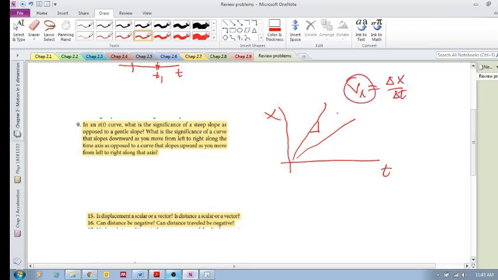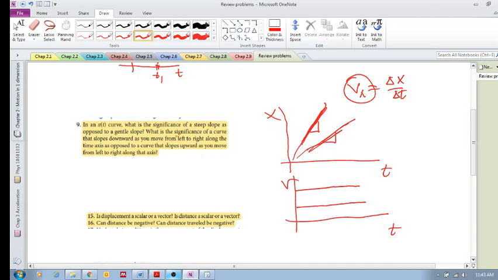So your velocity is related to the slope of your position time. So the steeper the slope, the higher the velocity. So if you drew a velocity time curve there, for this one you would have a higher velocity, for this one you would have a lower velocity.